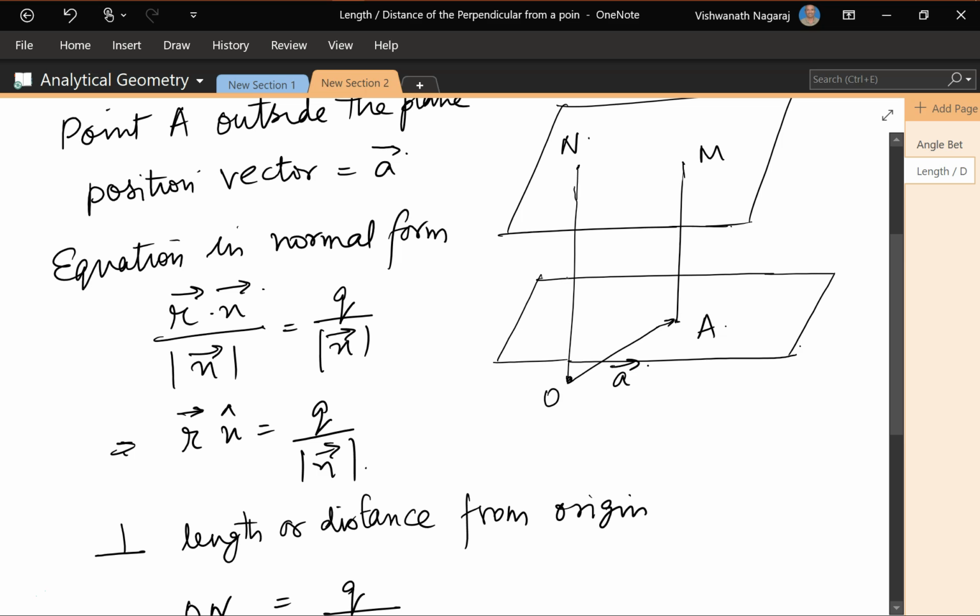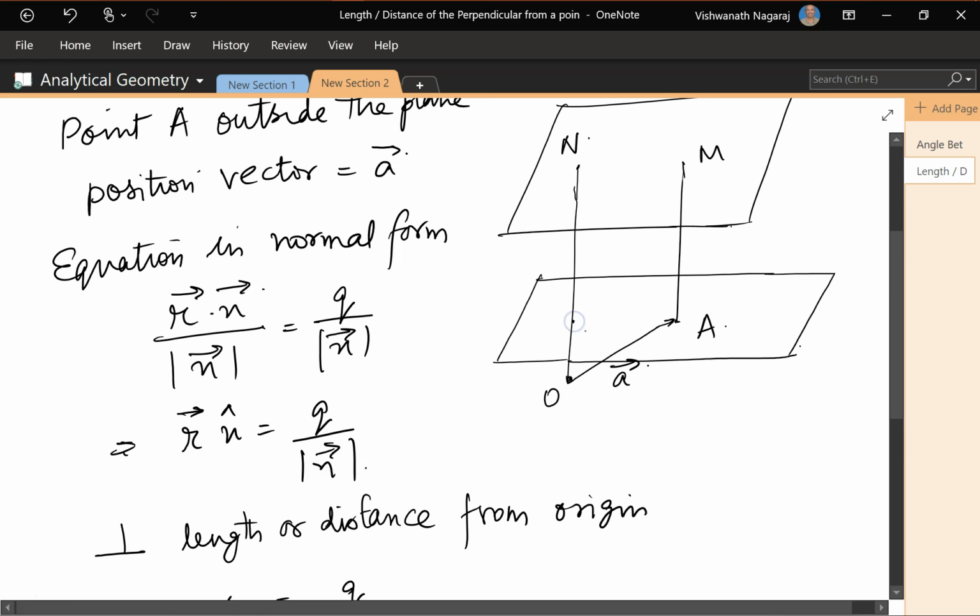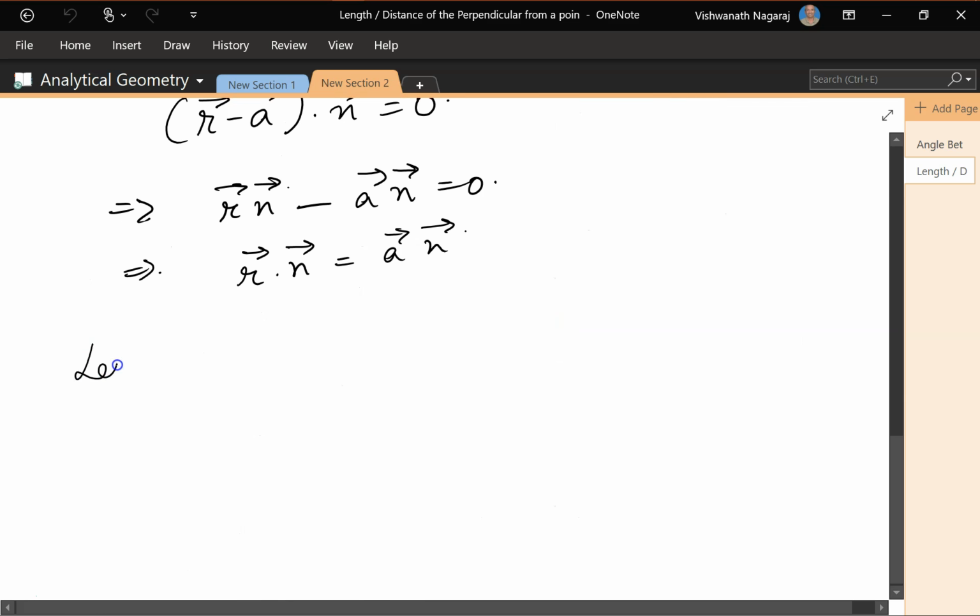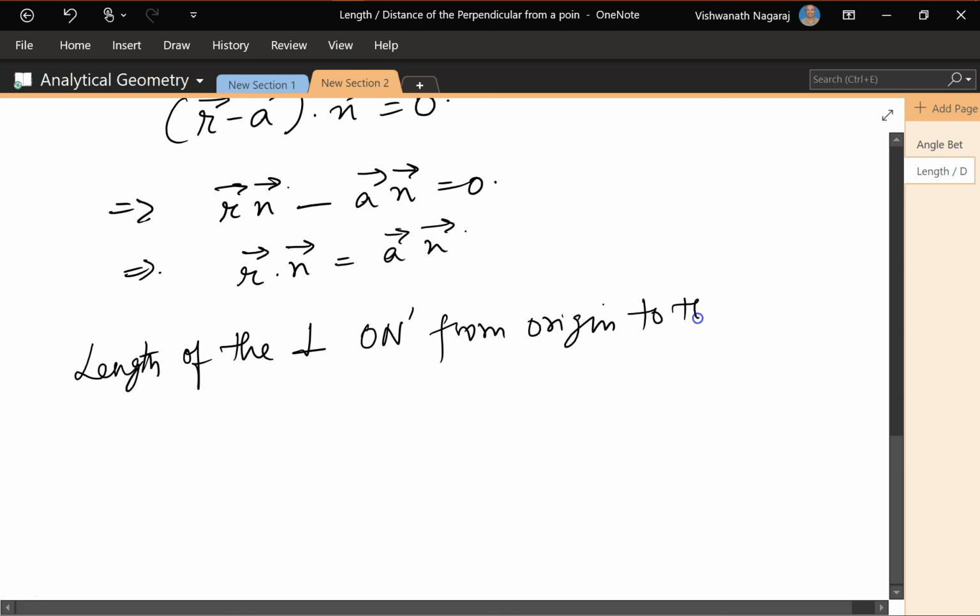Now we figure out the perpendicular distance of this new plane from the origin. Let's say this is N prime. Now the length of the perpendicular ON prime from the origin to the second plane, let's say plane 2.